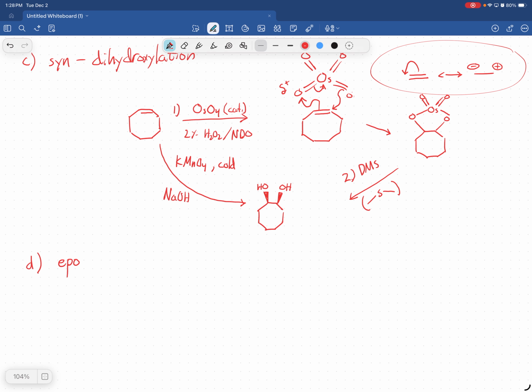That cleaves the double bond. I just mean adding an oxygen atom to both of those carbon atoms. I think people also mentioned they want to go over this too. The reactions of a three-membered oxygen ring. What is that called? Epoxides. Epoxidation.